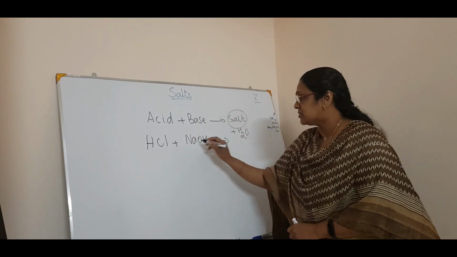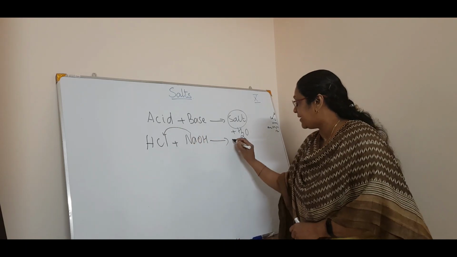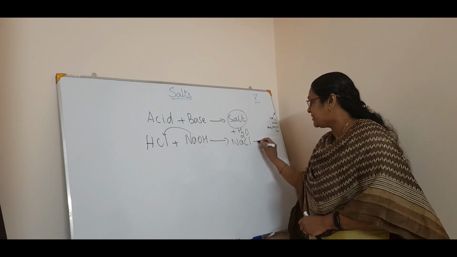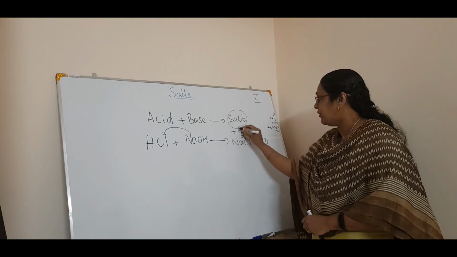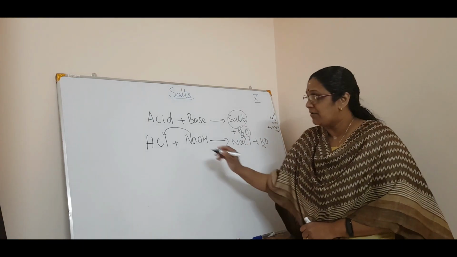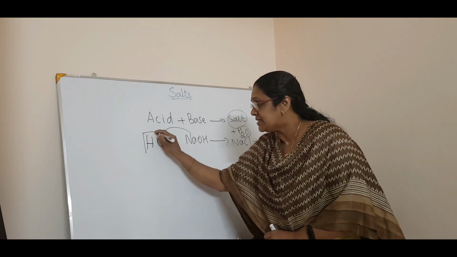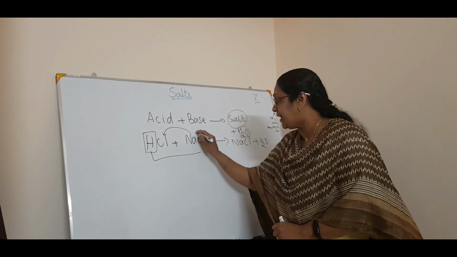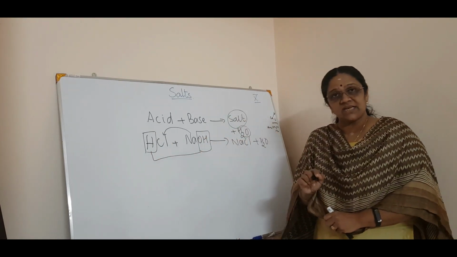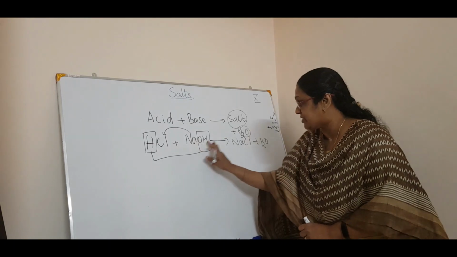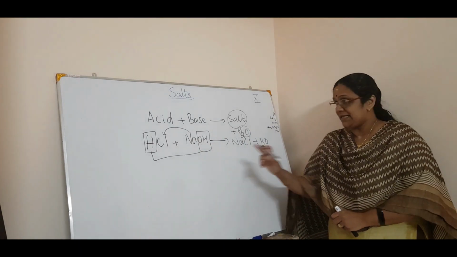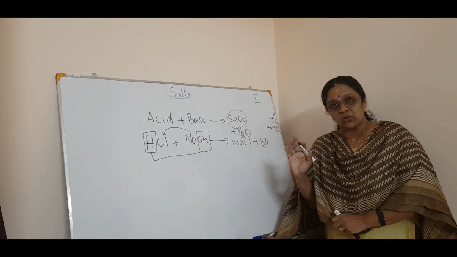What is the salt? NaCl plus water. So definitely water will be there. And how is the water formed? This H+ ion combines with this OH- ion. H+ and OH- will give you water and the remaining will go for the salt.